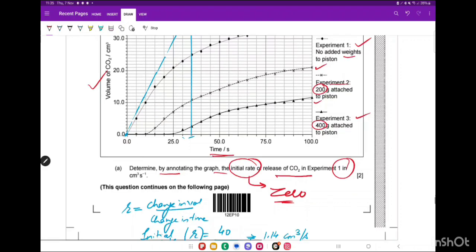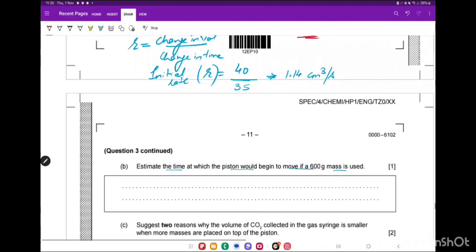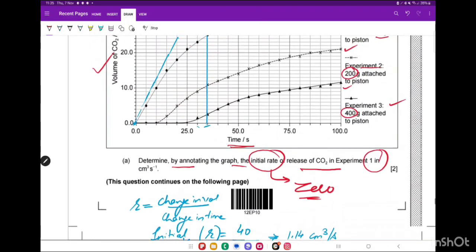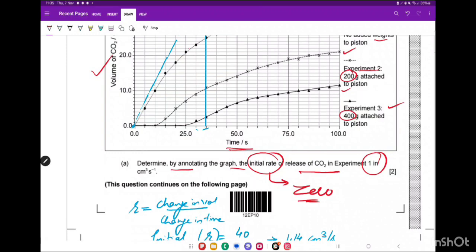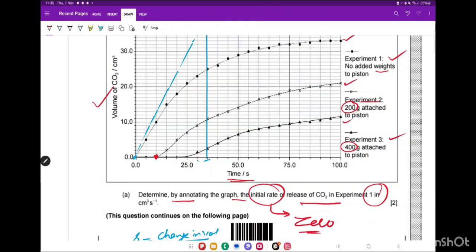When 200 grams of mass is used, the piston will begin to move around 10 seconds. When we increase the mass to about 400, the piston is about to start moving around this point, which is 25.